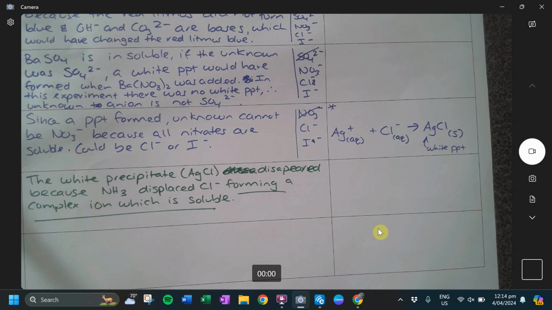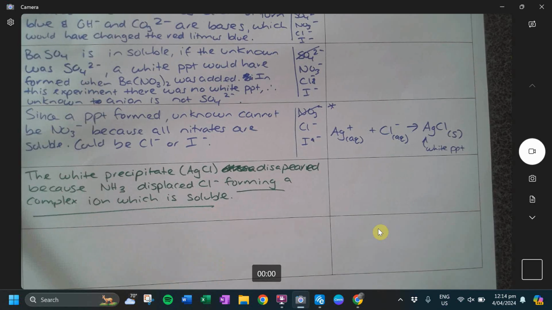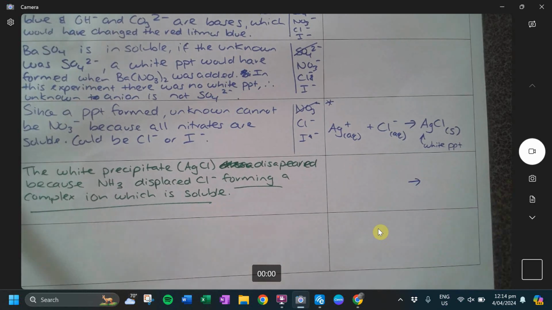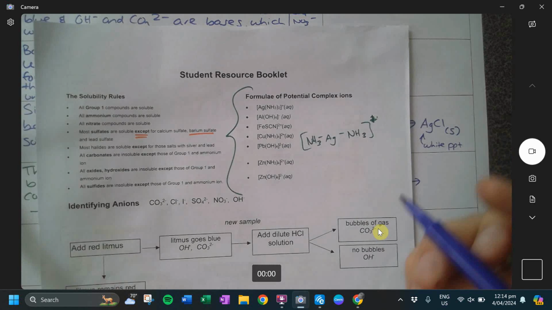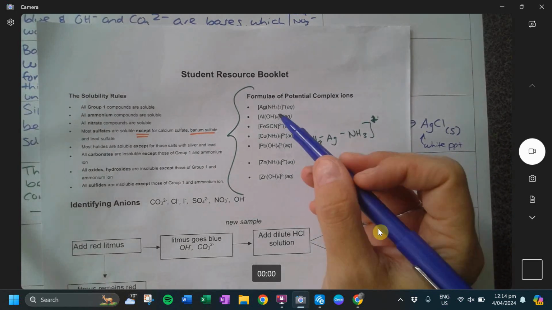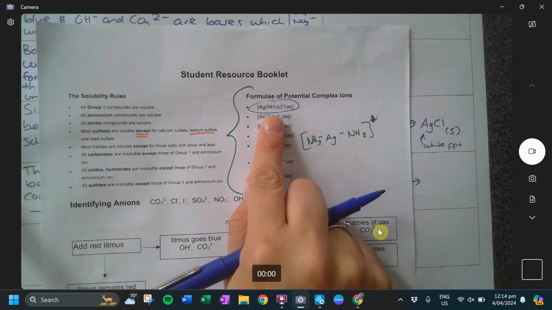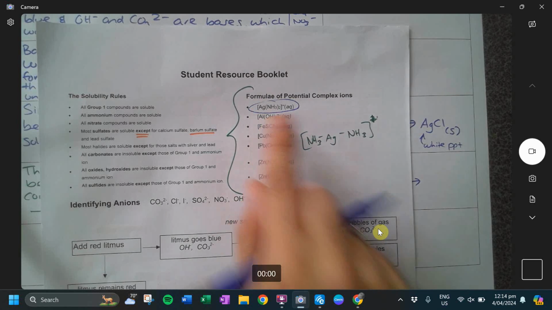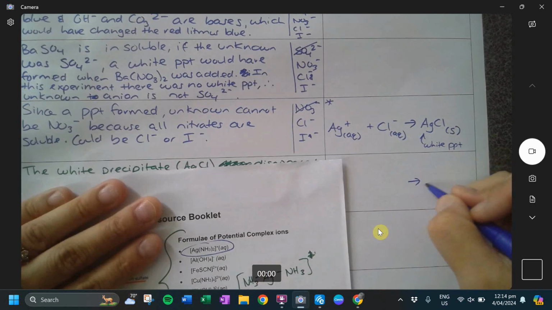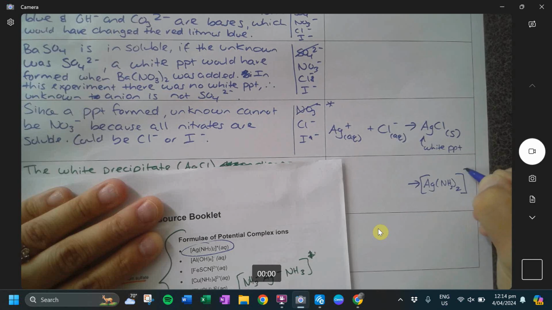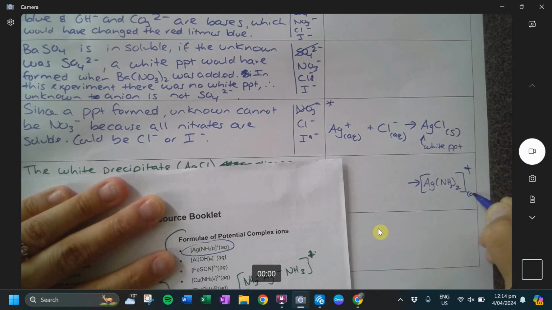All right, last step. Our equation for this one. If you're wondering what to write for the equation over here, look at your complex ions and think about it logically which one it could be. We've decided that this one is going to be the silver with the ammonia, right? So let's write that down. Ag(NH3)2 in square brackets, because we're talking about a complex ion, with a plus sign. That is aqueous.